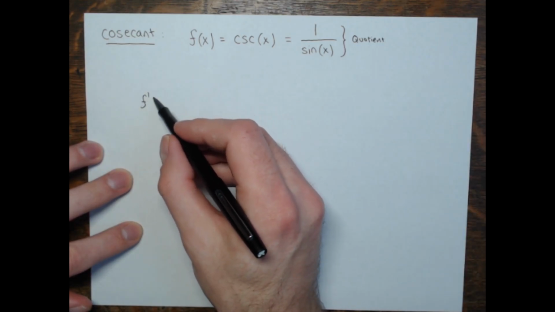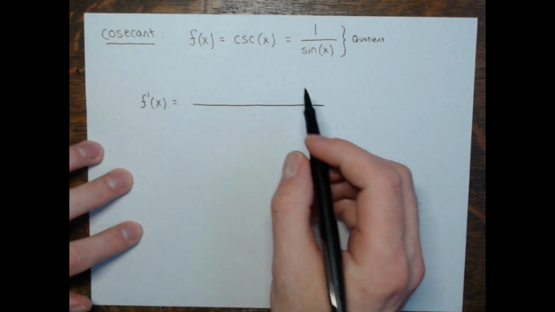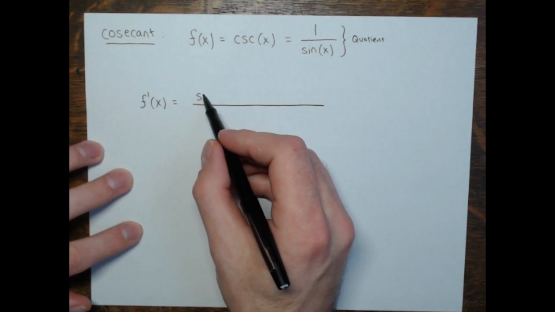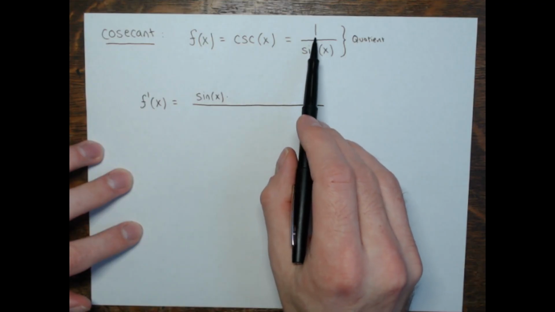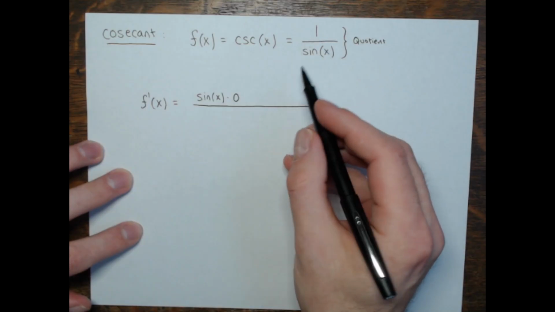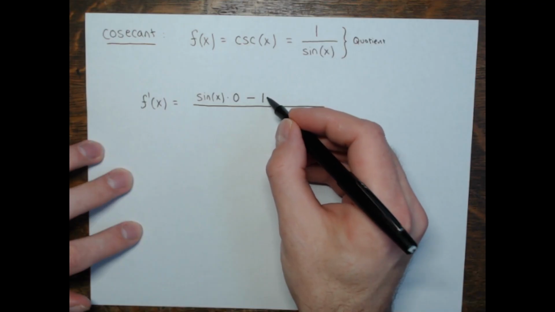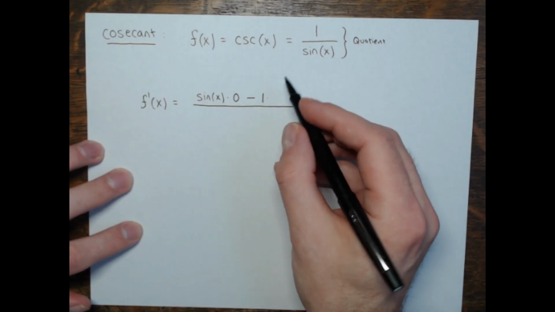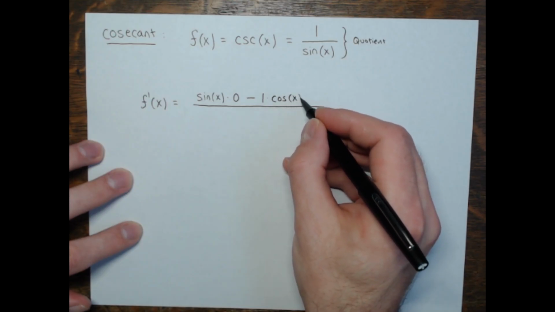So f prime, big quotient rule thing, you got the denominator as it was, the sine of x times the derivative of the numerator, which is 0. Right? The numerator is a constant, it's 1. Then minus the numerator, so 1, times the derivative of the denominator, right? The derivative of sine is cosine.